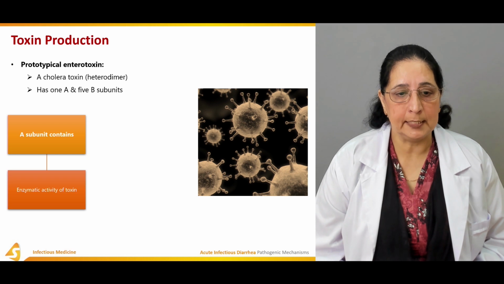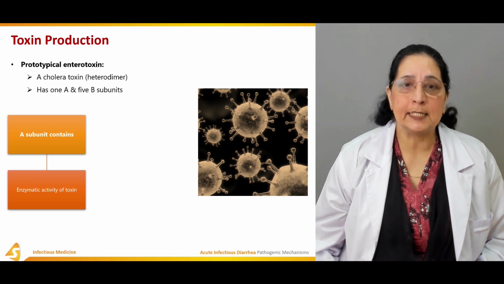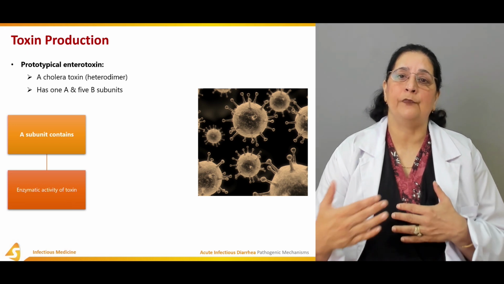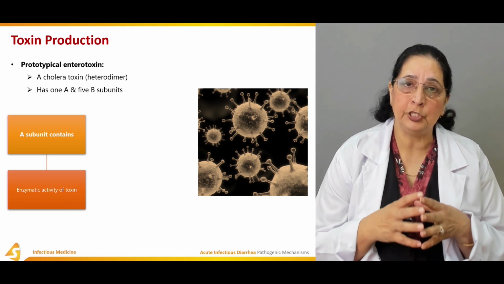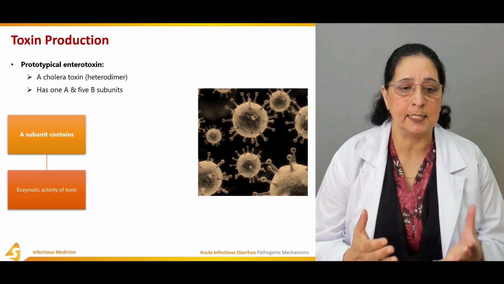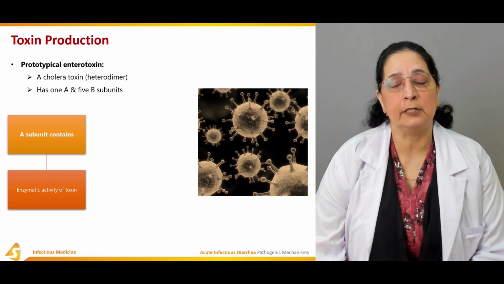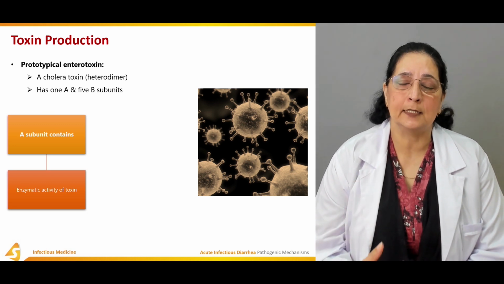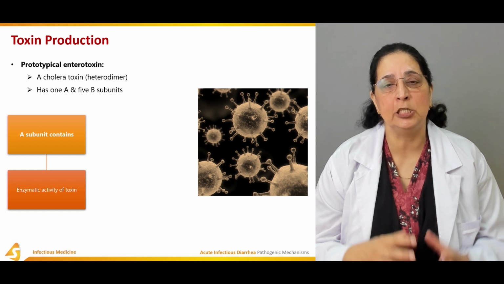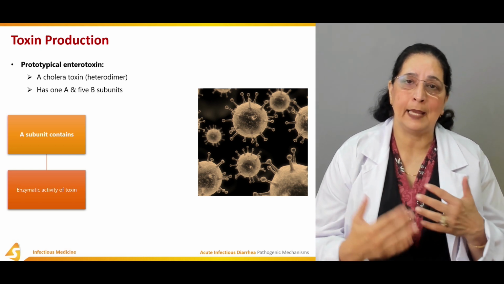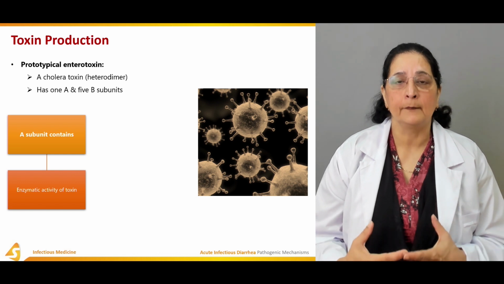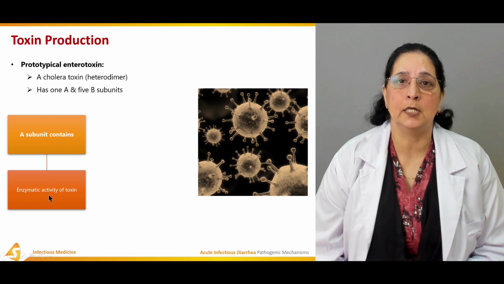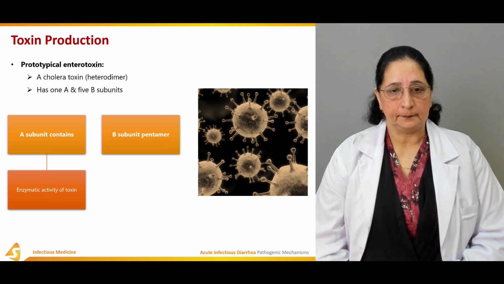The A subunit contains the enzymatic activity of the toxin. It has enzymatic activity, meaning it has destructive ability and functions as an enzyme, which has the ability to perform different chemical reactions. So the enzymatic activity of the toxin is in the A subunit.